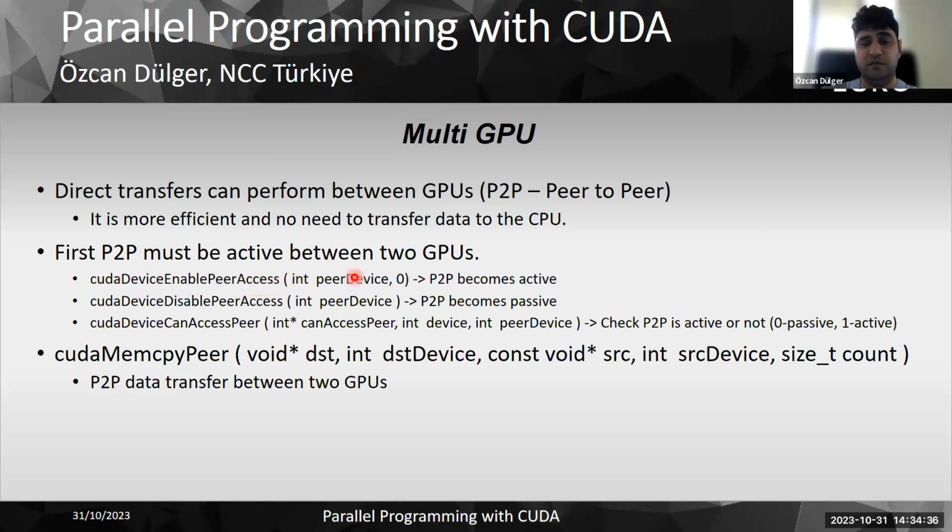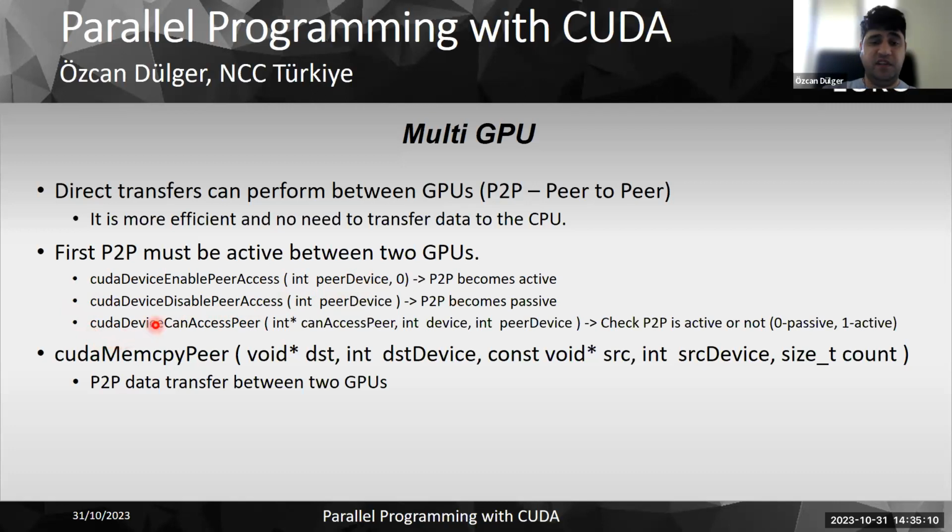Then the peer-to-peer becomes active between the calling GPU and the given GPU with the given parameter here. This is the index of the other GPU that will communicate with the calling GPU, and we can disable this peer-to-peer communication by using cudaDeviceDisablePeerAccess.